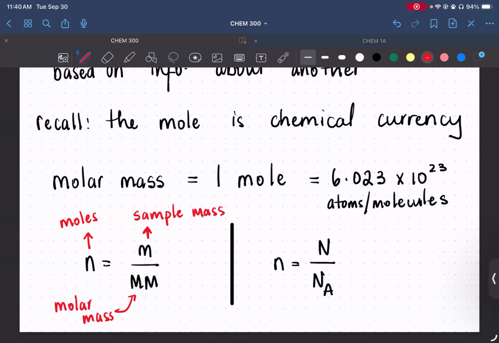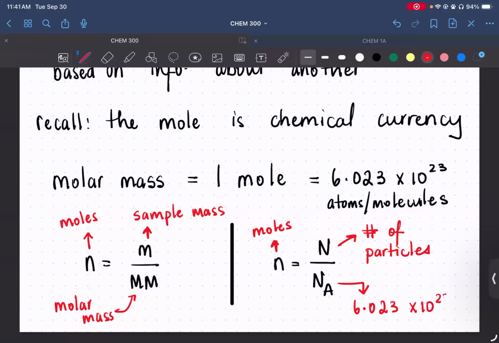On the right side equation, n is the same, n is moles. Capital N is number of particles, where particles is thus the generic term for atoms or molecules. And N sub A is Avogadro's number, 6.023 times 10 to the 23.